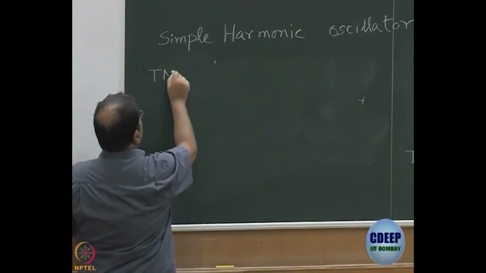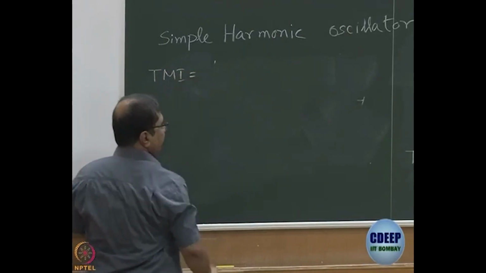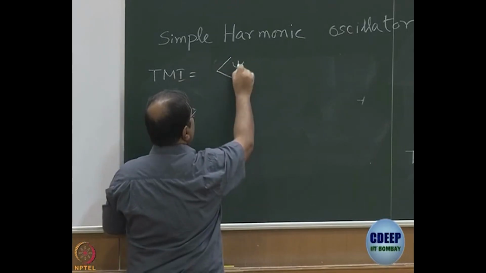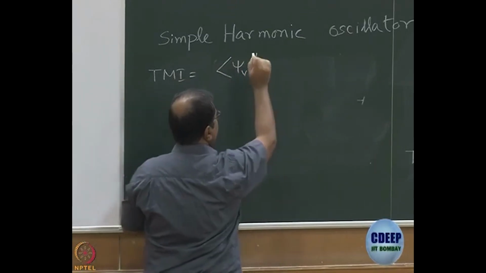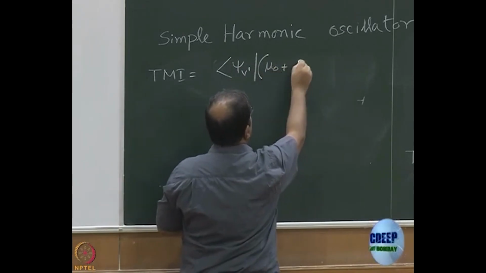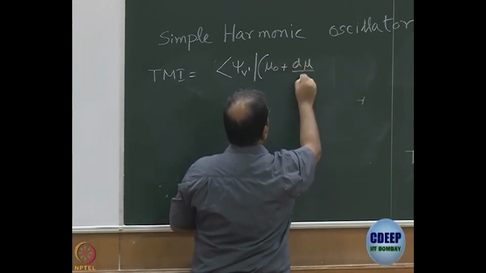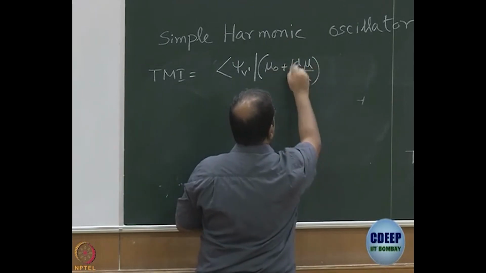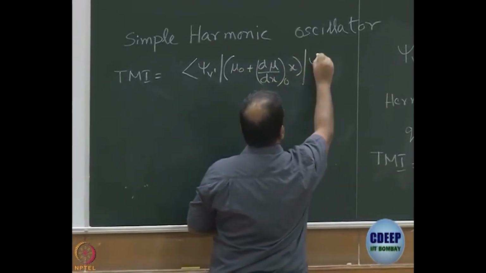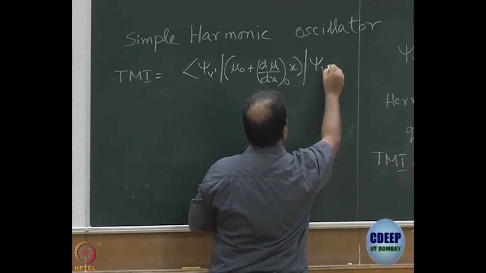What is the transition moment integral then? It will be psi v dash, and instead of dipole moment I write mu 0 plus d mu dx at equilibrium position multiplied by x, multiplied by psi v.